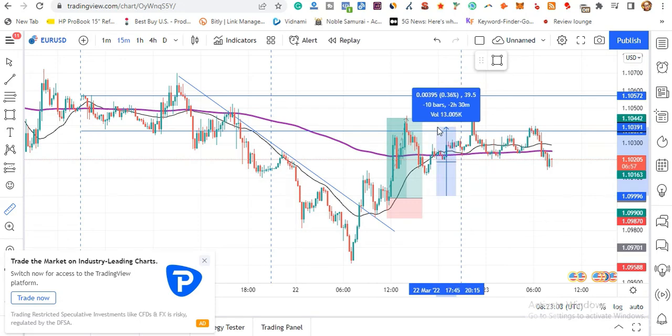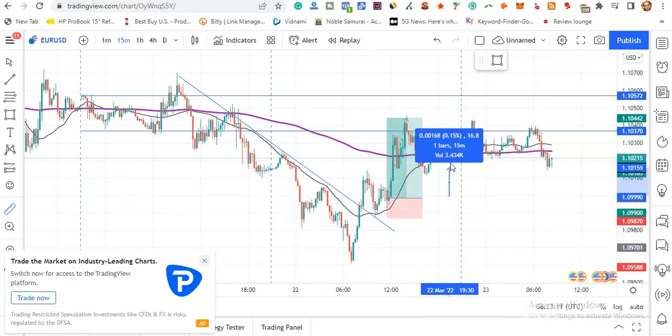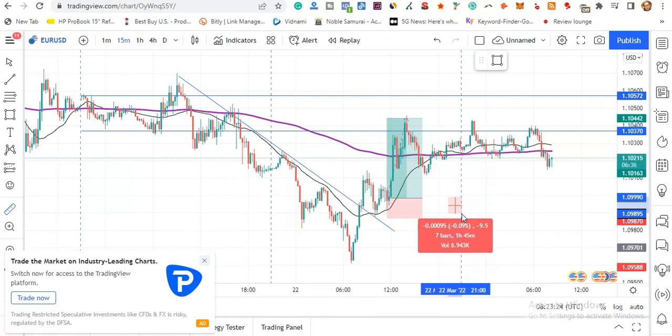I made 45 pips in this trade. Do you understand?